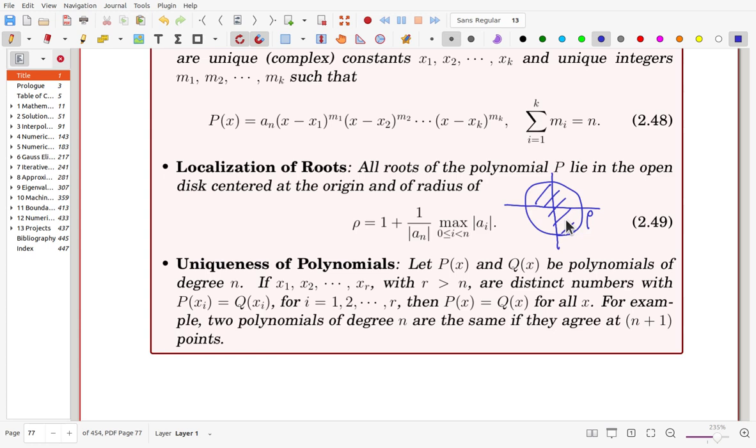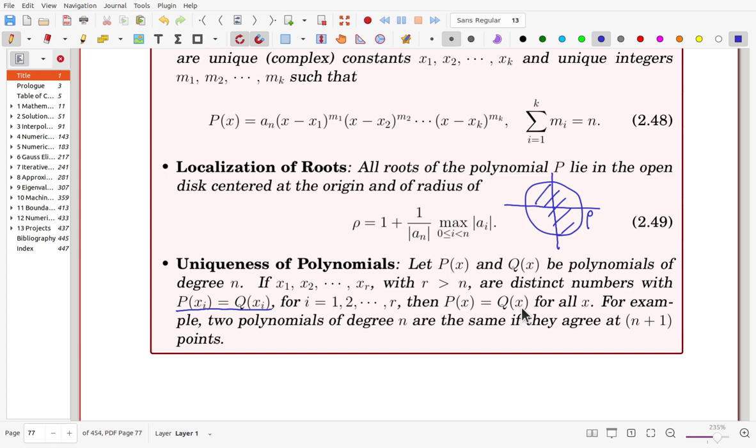And now, uniqueness of polynomials. If two polynomials of degree n are the same at r distinct points, x1 to xr, then the two polynomials are identical.